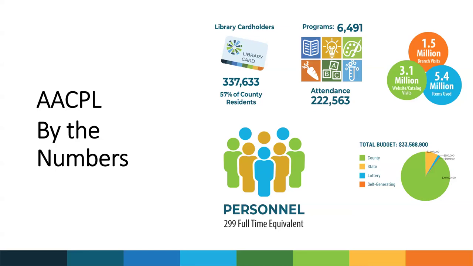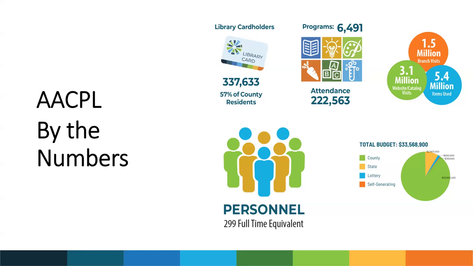Some numbers, we always talk about numbers in library land. For the library, our card holders represent 57% of county residents, which is a pretty good statistic. We provided in the past fiscal year 6,491 programs and had an attendance of 222,563 participants.